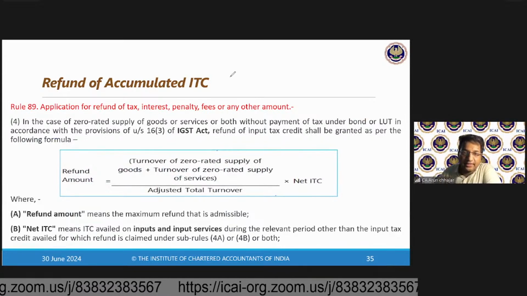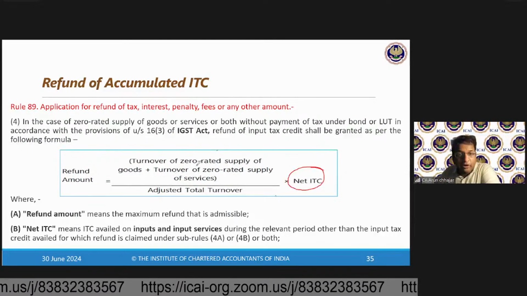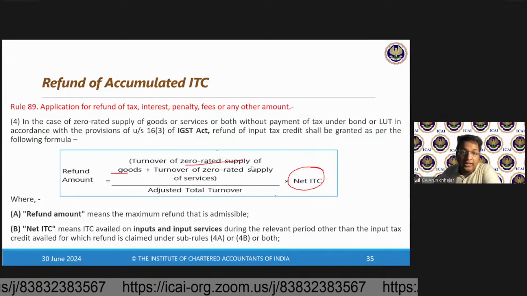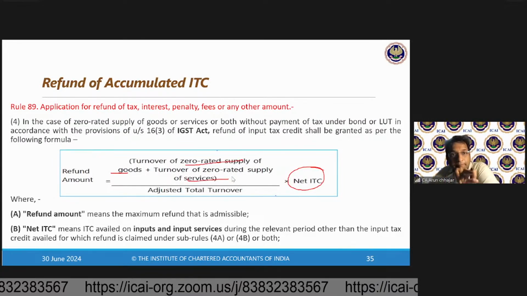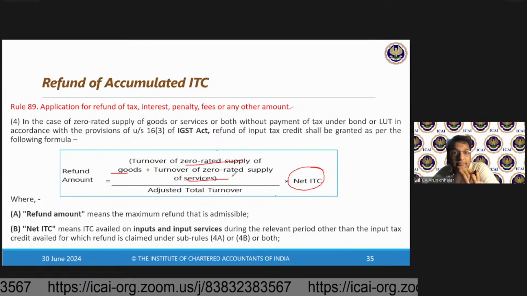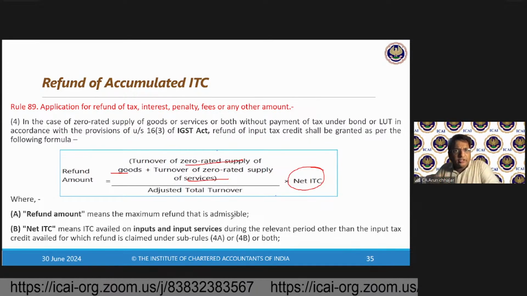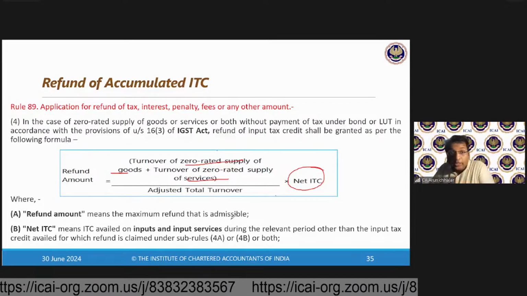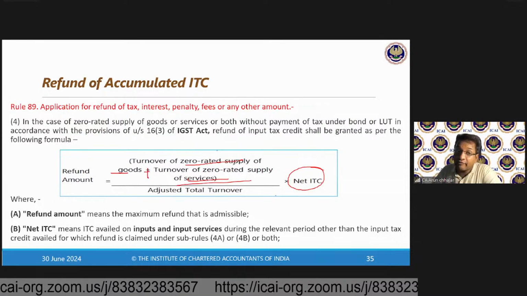So we have discussed the meaning of net ITC. Now let's understand the meaning of zero rated supply of goods and zero rated supply of services. Please note these two terms have not been combined. They are separated. They might have said turnover of the zero rated supplies of goods or services or both. No, they are saying goods separately and services separately. Why?